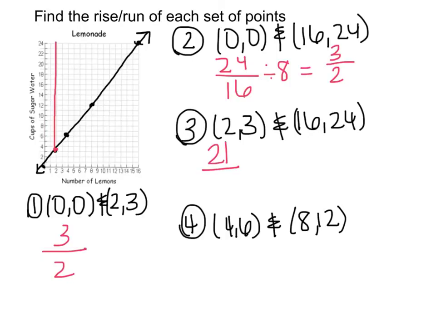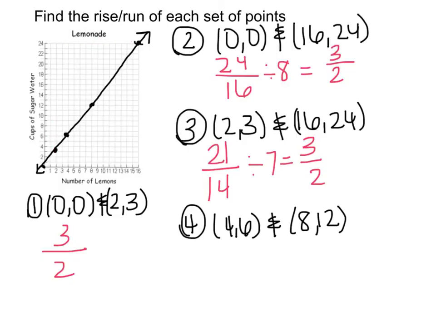And then we are going from 2 to 16, which is 14. So the greatest common factor is 7. 21 divided by 7 is 3. 14 divided by 7 is 2. So now let's try the last one.